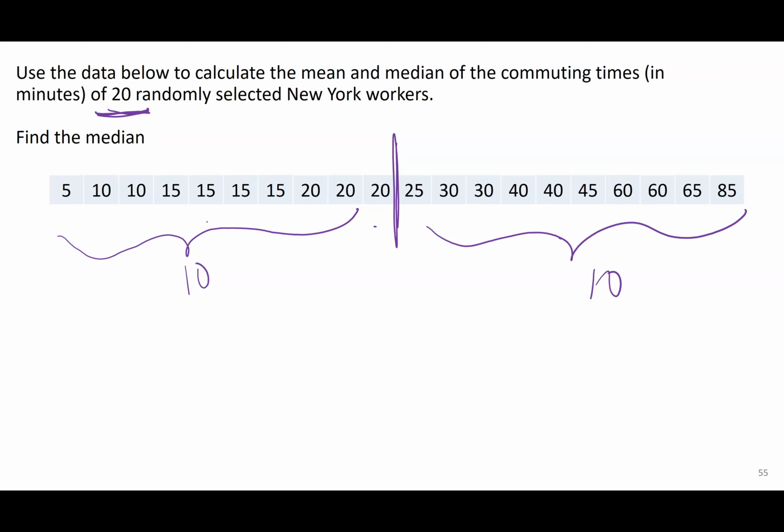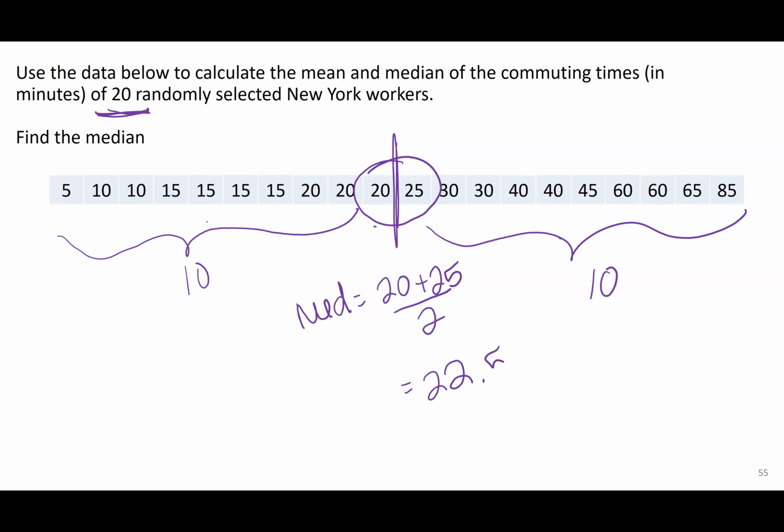I have folded it neatly in half. That means I need to take an average of these two middle ones because I have an even number. So my median is going to equal 20 plus 25 divided by 2. And that should just be 22.5 minutes.